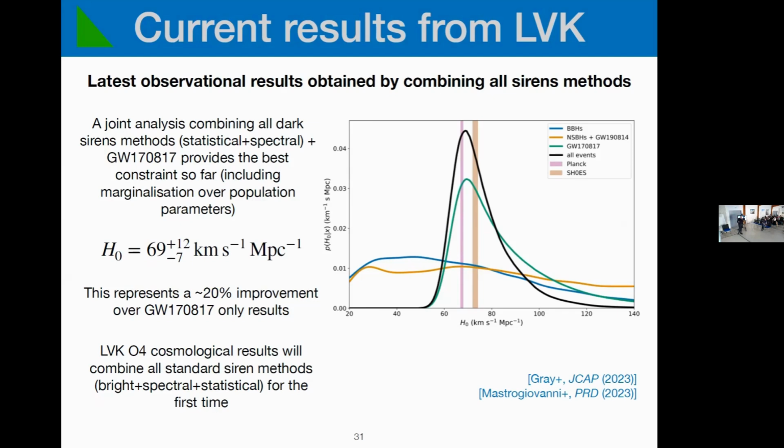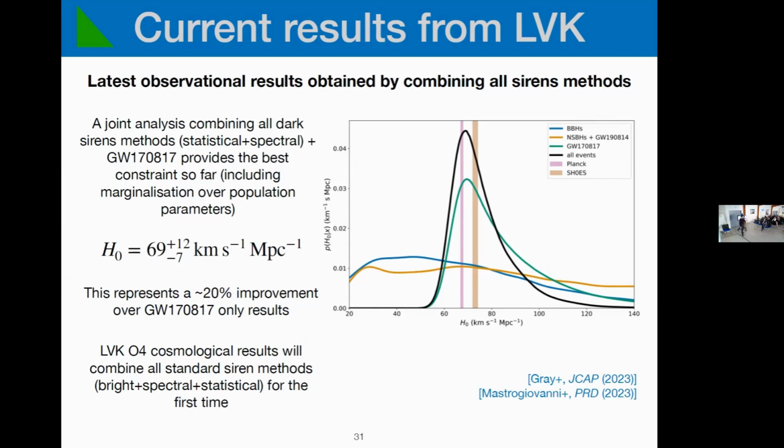What you get is basically same results, more or less, that we got from the LVK from O3, but now we are fitting also for the population parameters. So this includes a fit on all the population parameters. And as you can see here, by including this fit, the posterior broadens a bit, and we are still dominated by GW170817, but in any case, adding the information from dark sirens, we still get a 20% improvement on the measurement of H0.